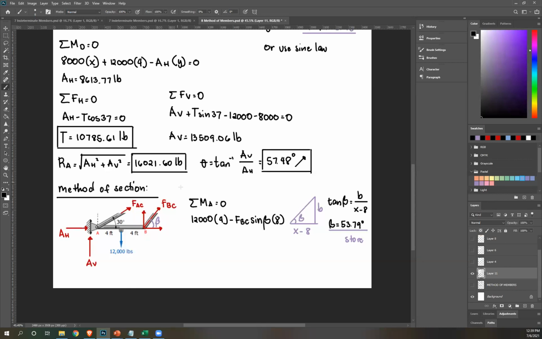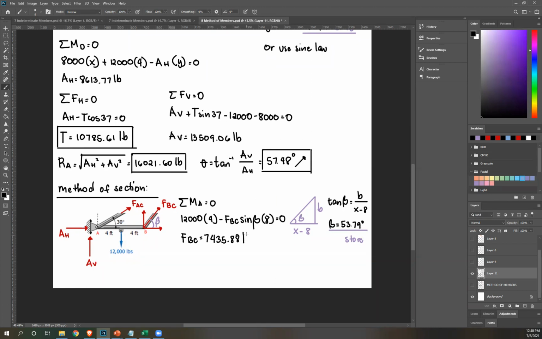There's no other force, so equate that to 0. And then from this, we can finally solve for FBC, which is 7,435.88.